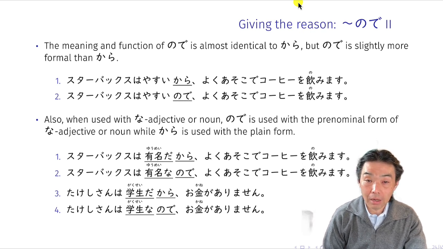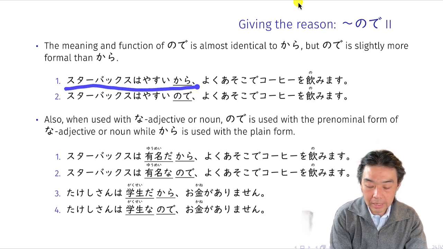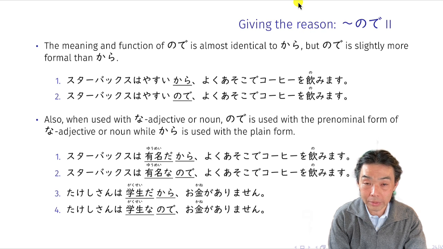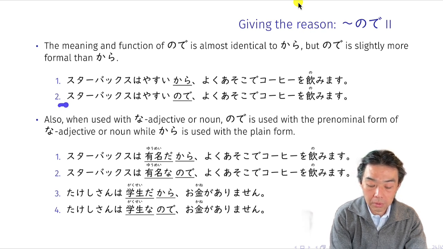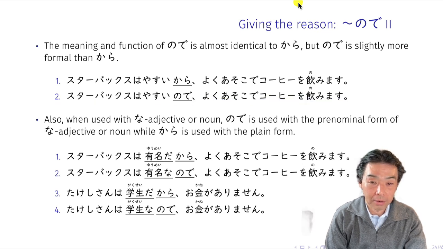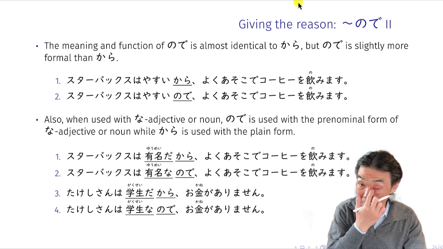But when you write, often people use node because it's considered more formal, or it's a little bit higher in the register. So スターバックスは安いからよくあそこでコーヒーを飲みます。Maybe it sounds more colloquial or oral as opposed to スターバックスは安いのでよくあそこでコーヒーを飲みます。Sounds a little more literary. The meaning difference is very tiny. There's nothing wrong with using node in the oral language, but you just have to understand that it's a little bit more formal than kara.